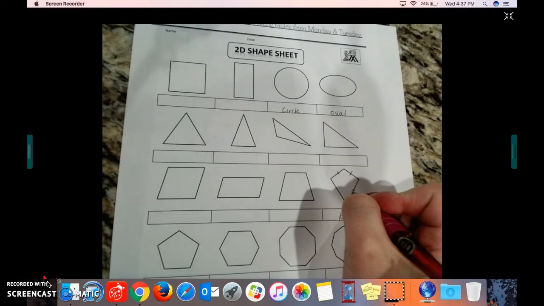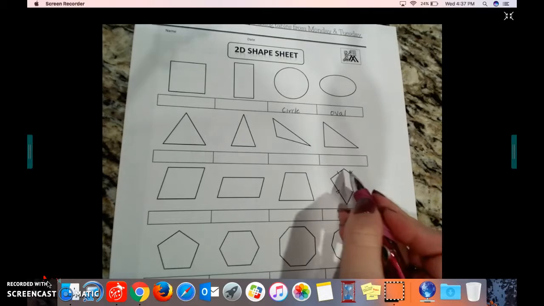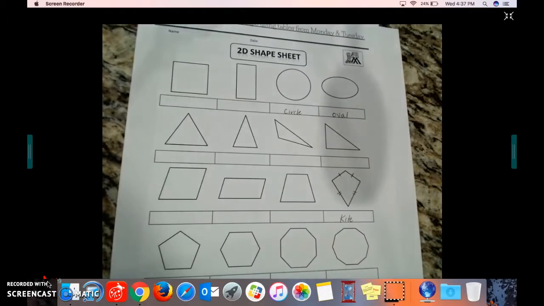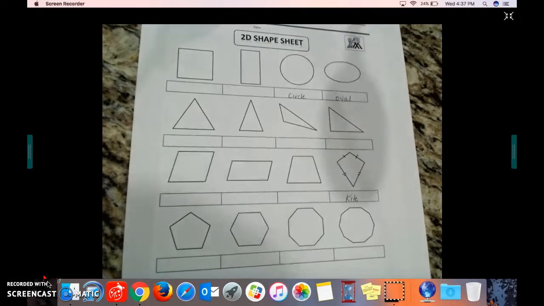So in this case, these 2 sides are equal and these 2 sides are equal. So slightly different from a rhombus, where a rhombus has 4 equal sides. Okay? The bottom row, we did not talk about these.